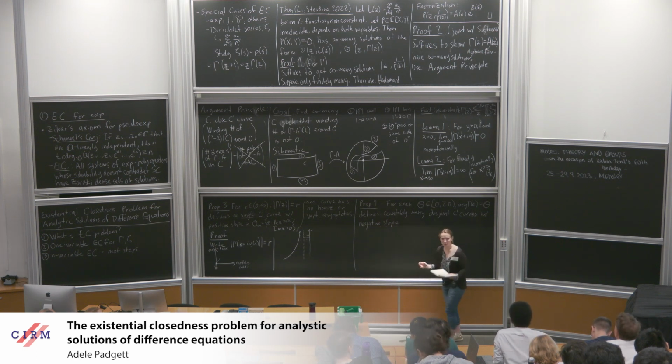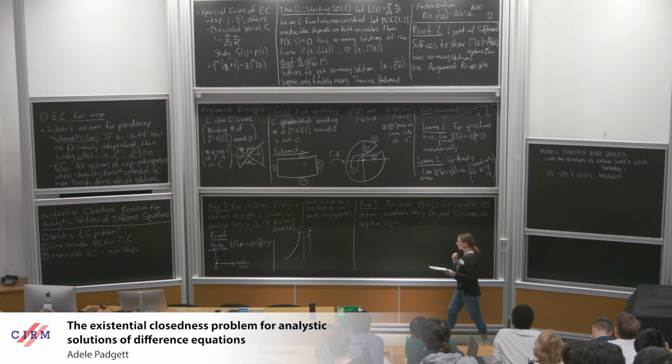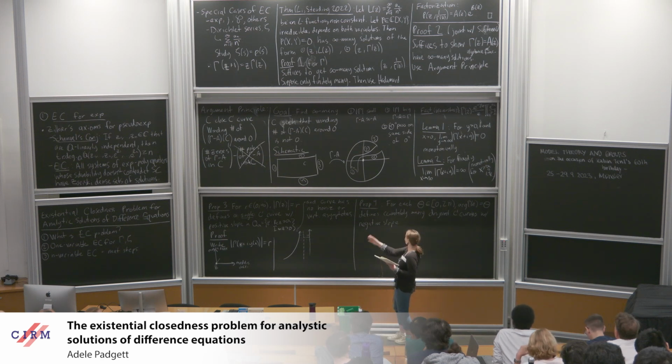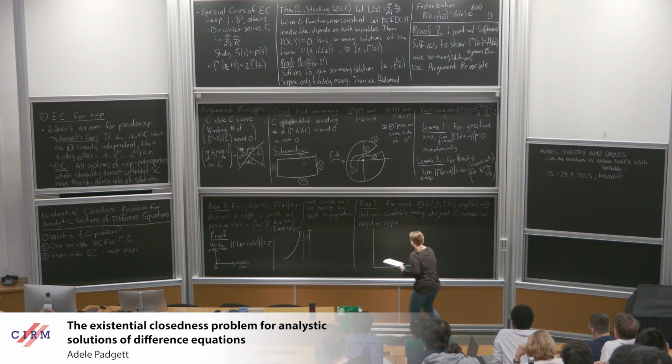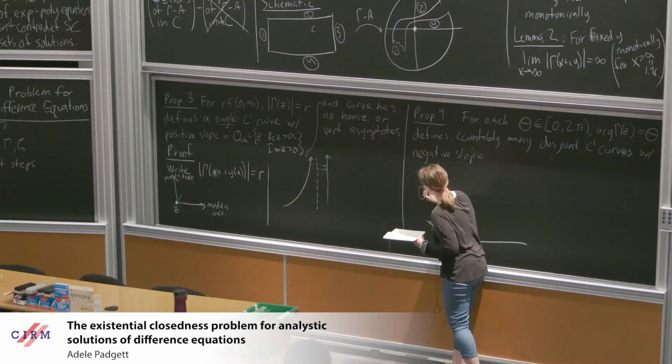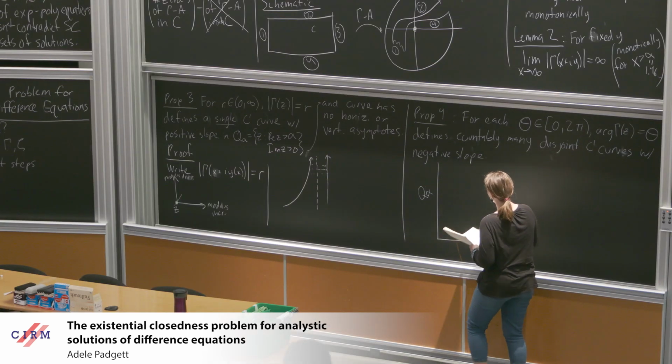So the picture of these curves of fixed modulus and fixed argument for gamma in the complex plane, or in Q alpha, this upper right quadrant, looks like this.